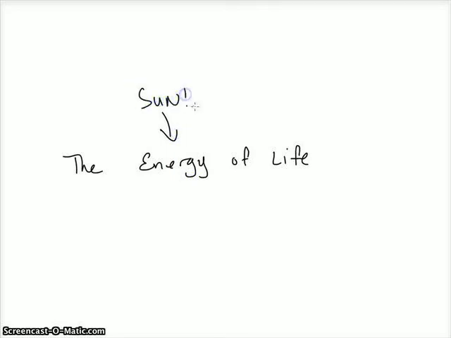In this topic, we are going to be talking about the energy of life. Life depends on a continuous input of energy, and energy can be taken from the sun. The sun produces the energy.